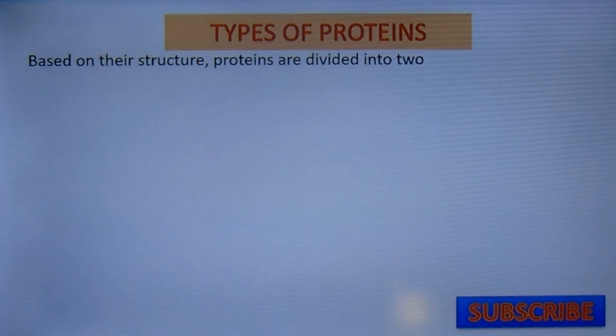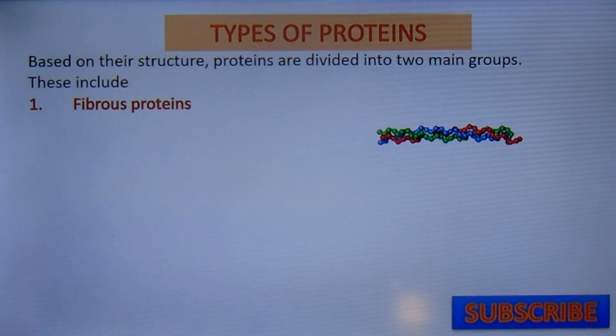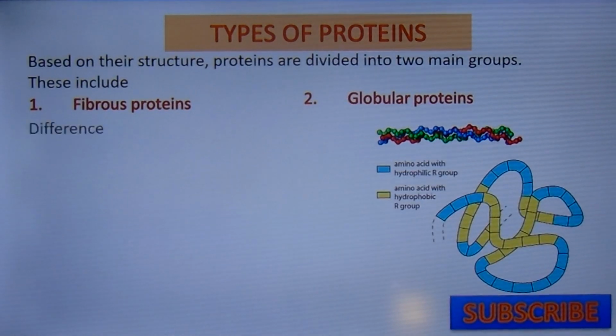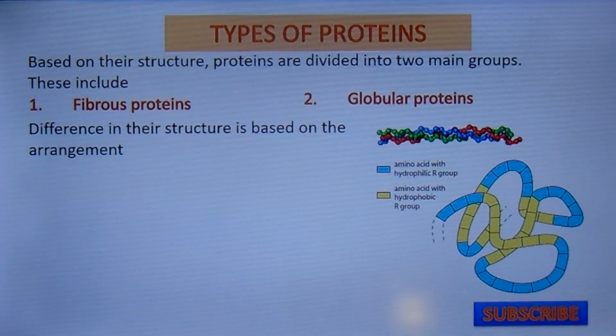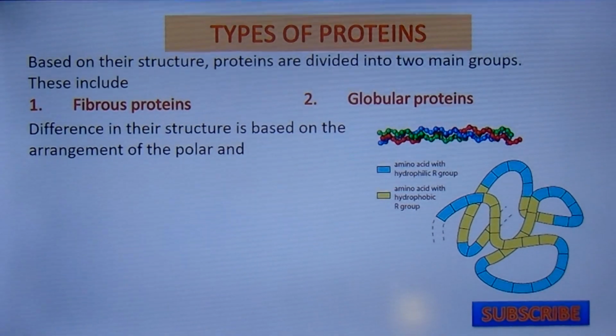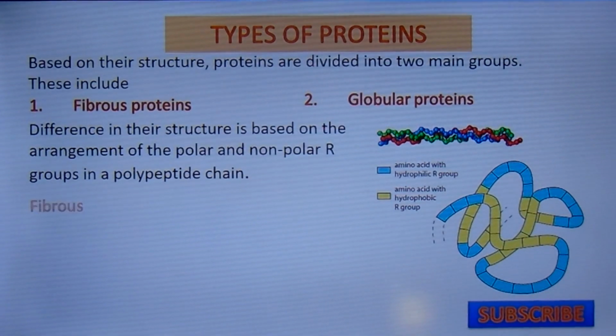Based on their structure, proteins are divided into two main groups. These include fibrous proteins and globular proteins. The difference in their structure is based on the arrangement of the polar and non-polar R groups in a polypeptide chain.